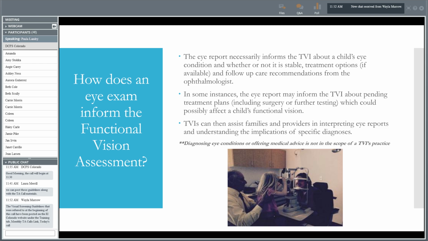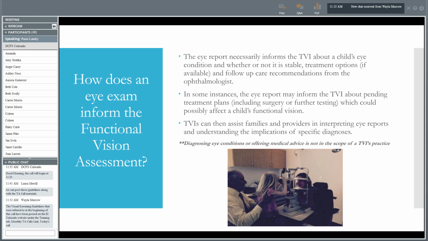So oftentimes we're the first people who are telling them what the diagnosis is and giving them really solid information about the effects of that and how it is going to affect their child developmentally and down the road in school and all of that.